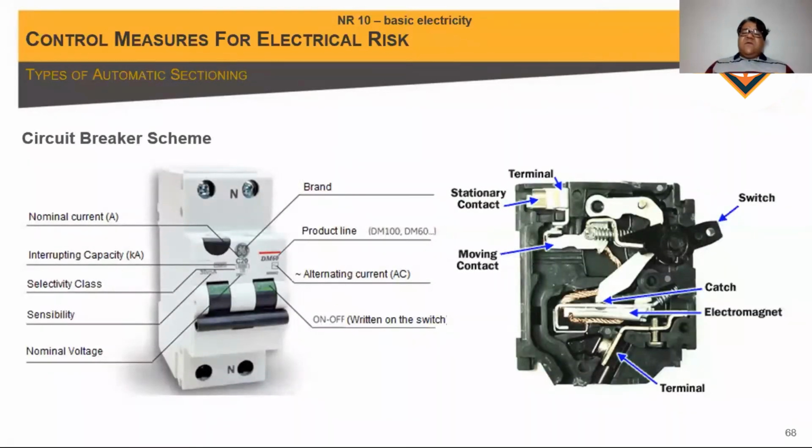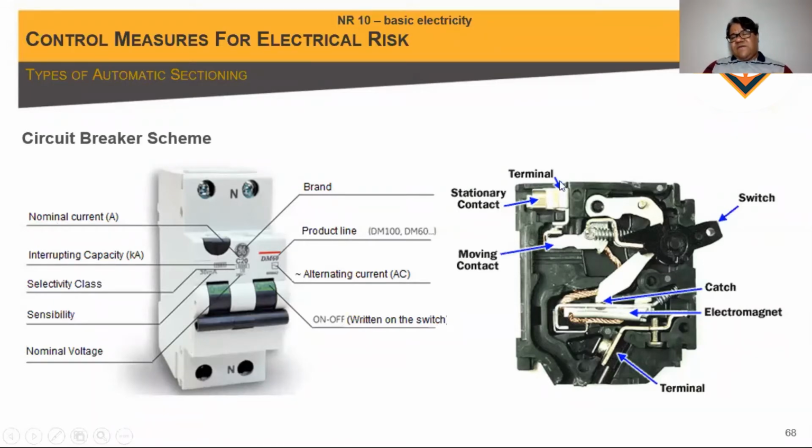And right here we can observe one circuit breaker scheme with the nominal current, the interrupting capacity, the selectivity class, sensibility, nominal voltage, the brand, product line, alternating current symbol right here, and rating of the switch, the on-off.